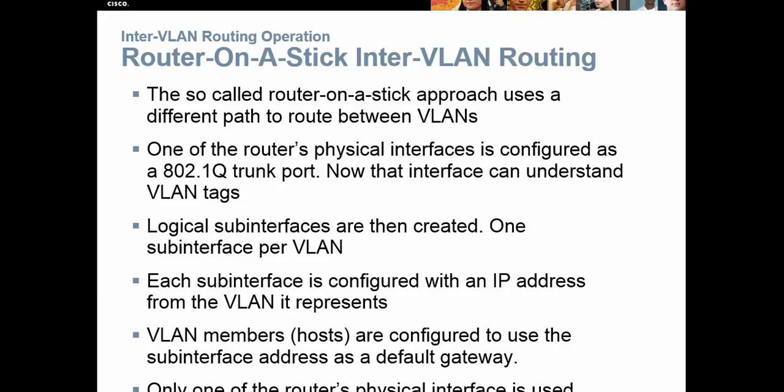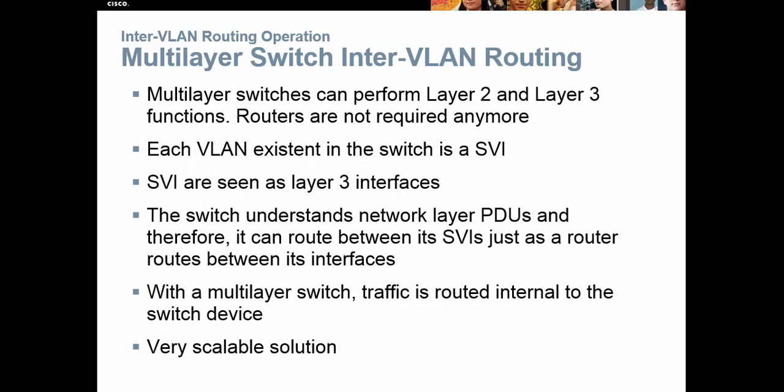So one interface can have multiple sub-interfaces. Each sub-interface is configured with an IP address from the VLAN it represents, and the VLAN members or the hosts are configured to use the sub-interface address as a default gateway, and only one of the router's physical interfaces is used. So that way we're using less resources.